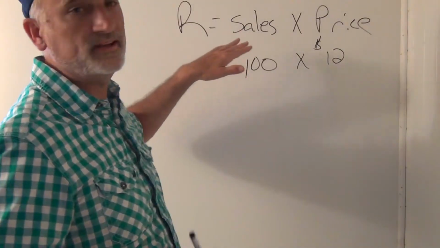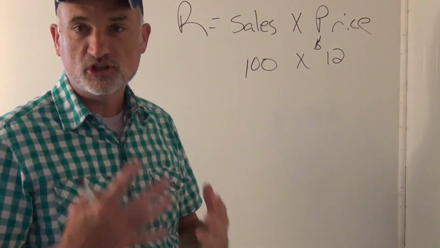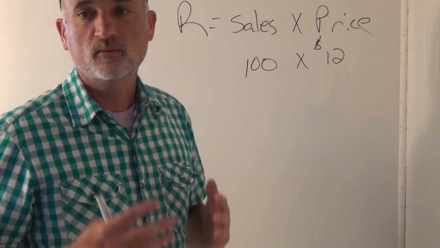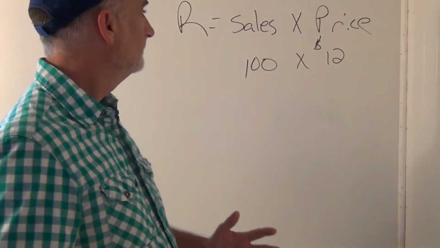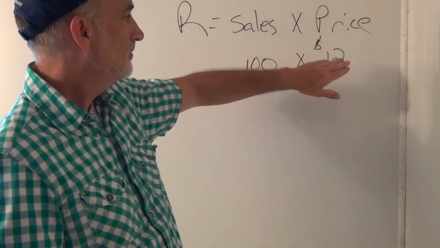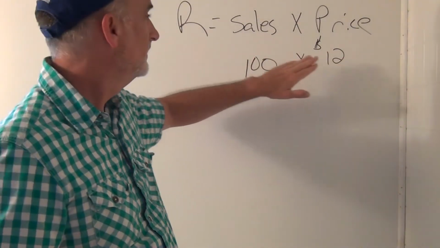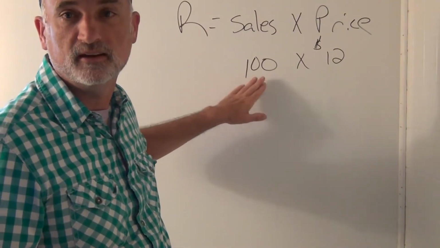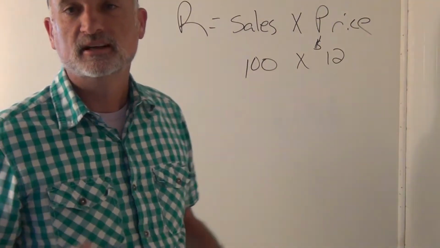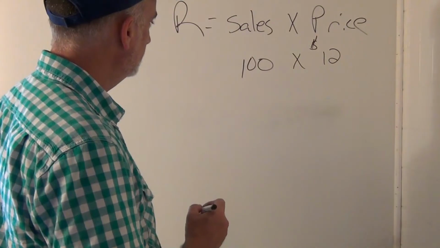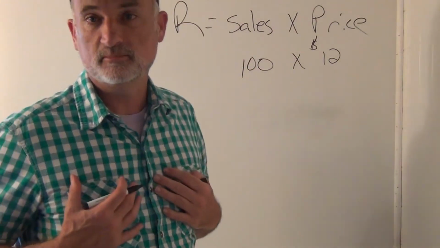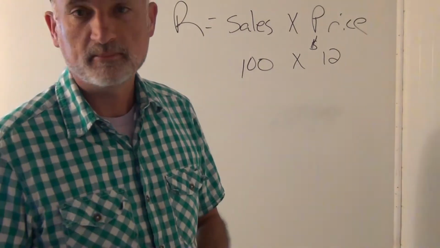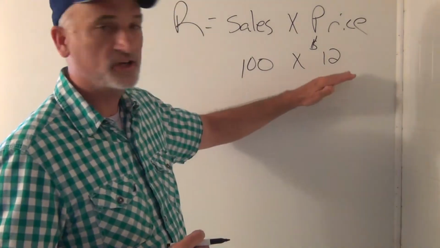Okay, so what we need to do is to generically come up with a way to express this increase in price and drop in customer sales. Now, how do we do that? As a business owner, I want to know what's going to make me the most money. What should I charge?